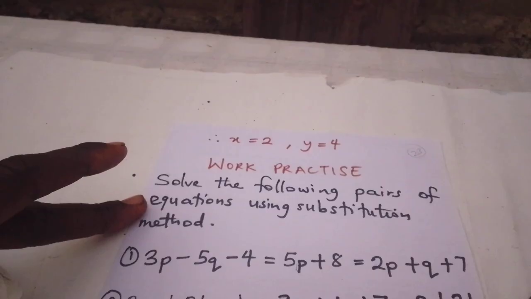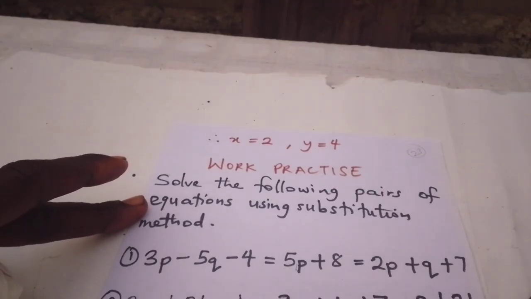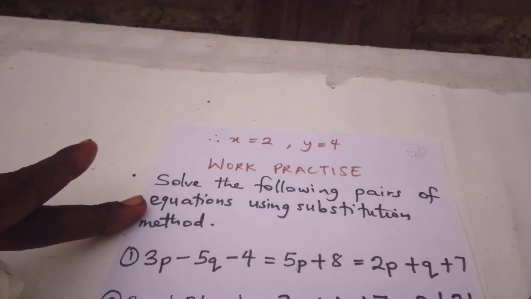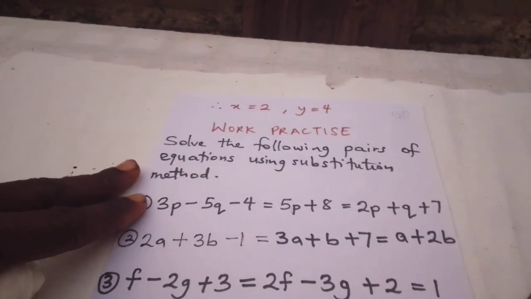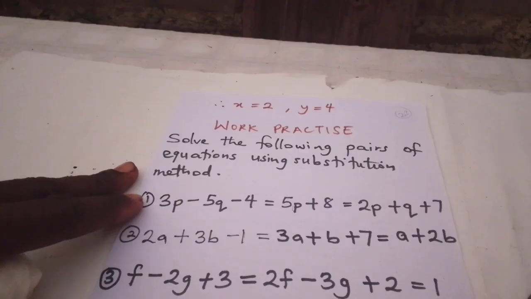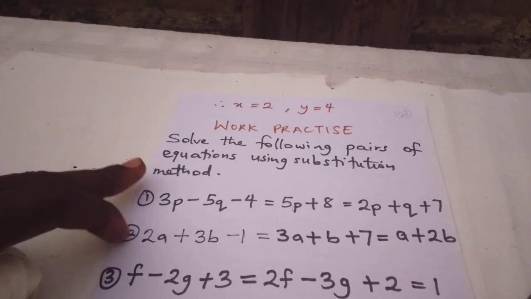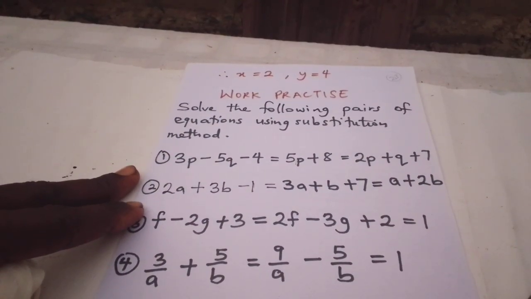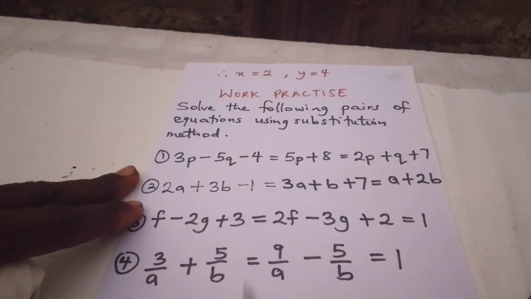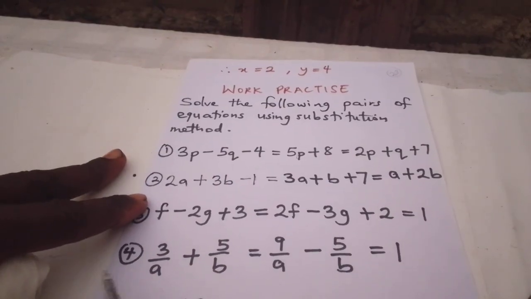Number 1: 3p minus 5q minus 4 equals 5p plus 8 equals 2p plus q plus 7. Number 2: 2a plus b, 3b minus 1 equals 3a plus 2b plus 7 equals a plus 2b. Number 3: f minus 2g plus 3 equals 2f minus 3g plus 2 equals 1.